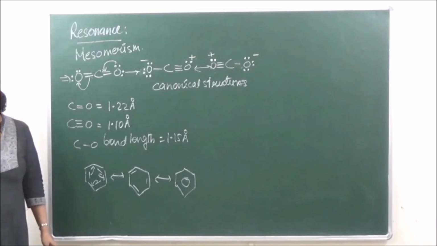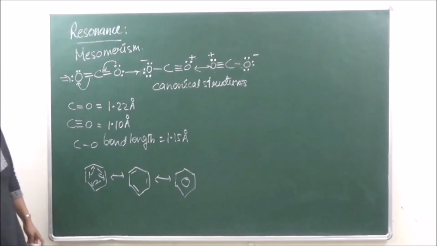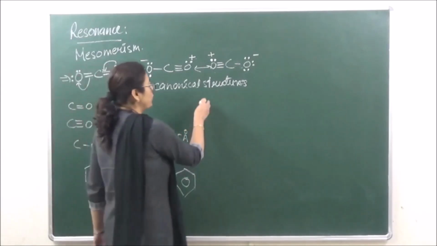Then what are the rules for selecting canonical forms? This is very important from your examination point of view.